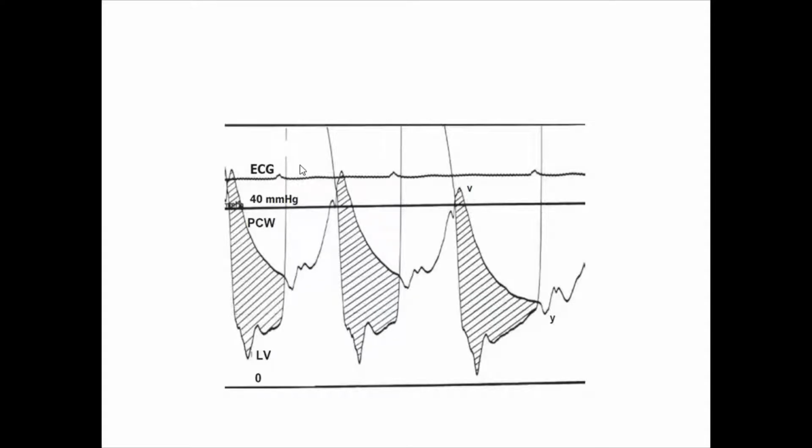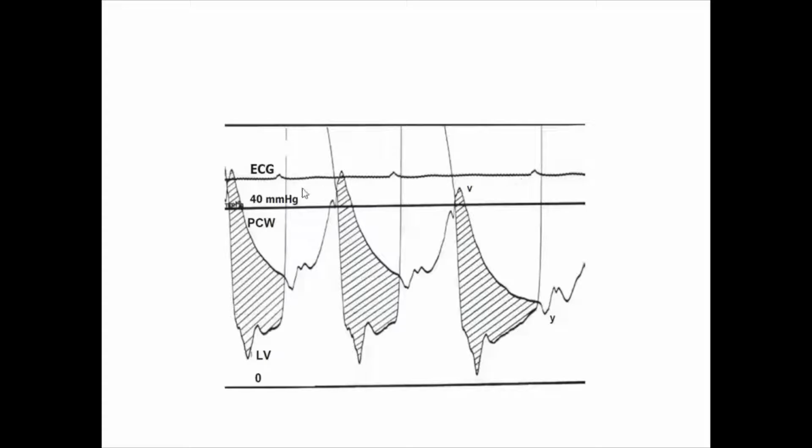For example, with ECG, this is the ECG. I have to mention this is with ECG, and also to comment on the ECG, whether this is ECG in sinus rhythm or in atrial fibrillation, because it will give some information. So if I concentrate on this ECG, it is in atrial fibrillation.